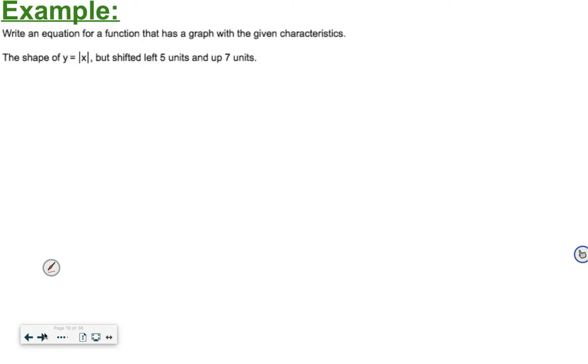In this question, write an equation for a function that has a graph with the given characteristics. The shape of y is equal to the absolute value of x, but shifted left 5 units and up 7 units. Now, first, I would like to determine your horizontal shift.